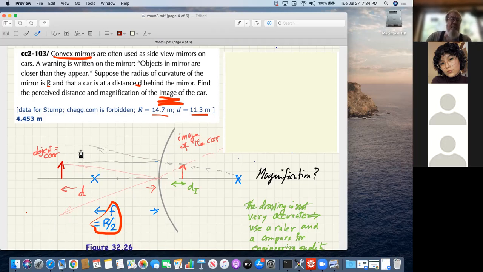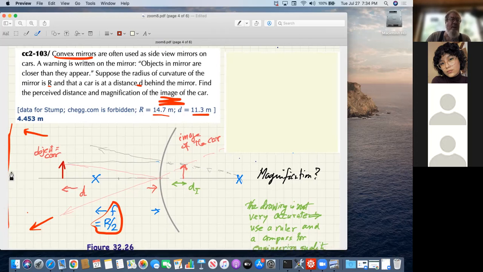So you see, what I have here is light coming off in this direction, and light coming off in this direction. And if I had a camera with a piece of film over here, the light would look like it was coming from the image. The camera couldn't tell the difference between light coming from the mirror and light coming from the image where the mirror is not present.